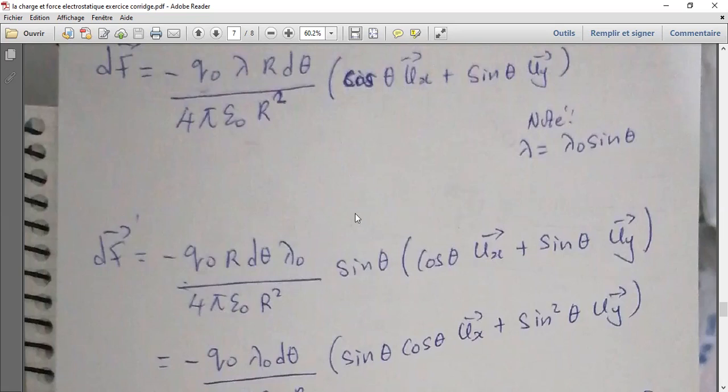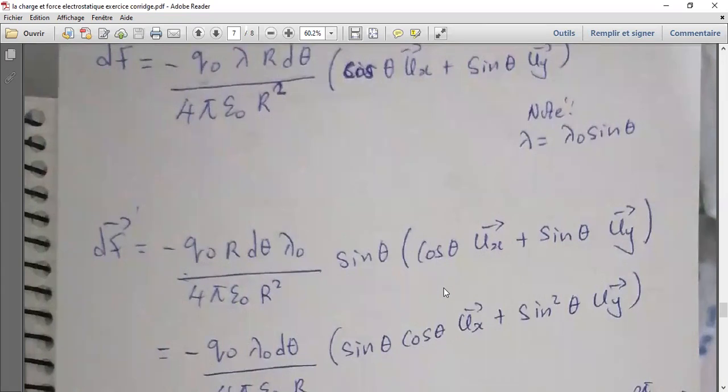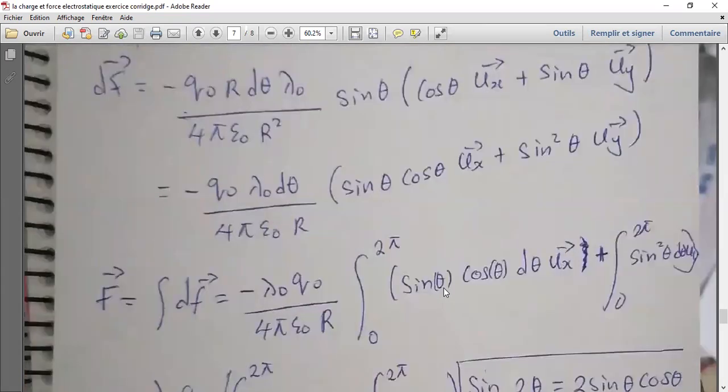So if I replace the lambda here, it will be lambda 0 sin theta. Then this sin theta will multiply everything which is in the brackets. So when I multiply with everything in the brackets, I'll have sin theta cos theta UX plus sin squared theta UY.